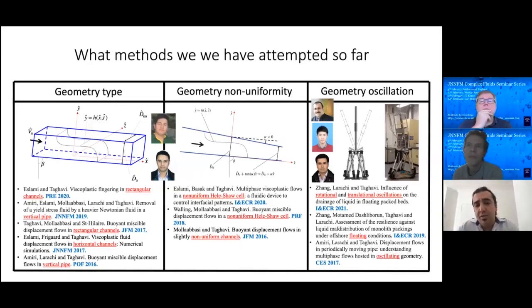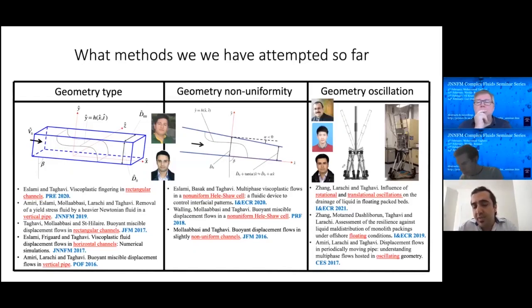In collaboration with Professor Larachi, our colleague, and two PhD students, Jian Zhang and Amin Amiri, we have used a hexapod robot to induce various motions on the geometry, for example, rotational or translational oscillations, and to see how this affects the displacement efficiency.